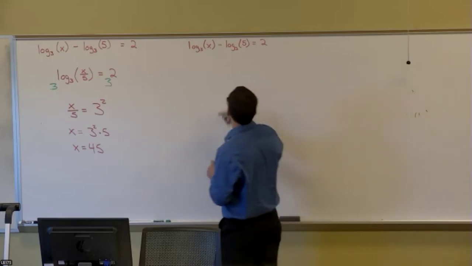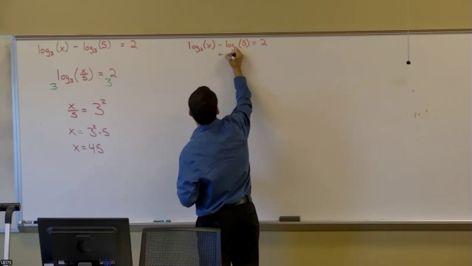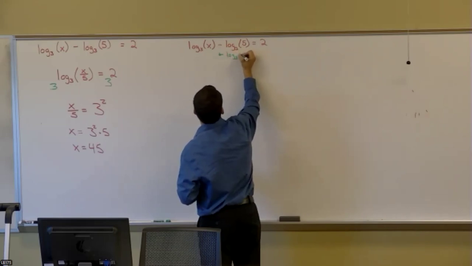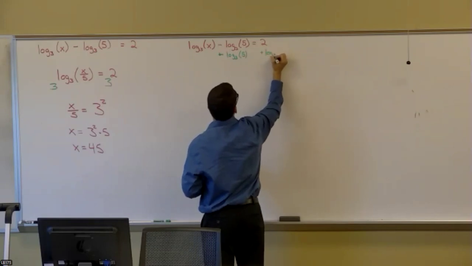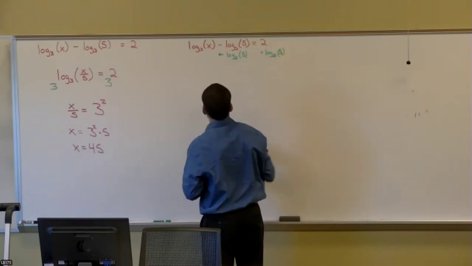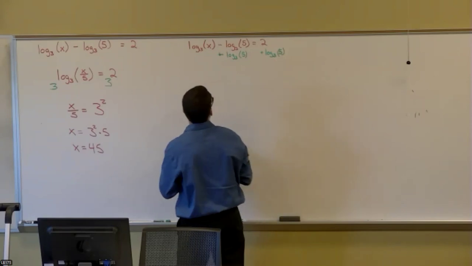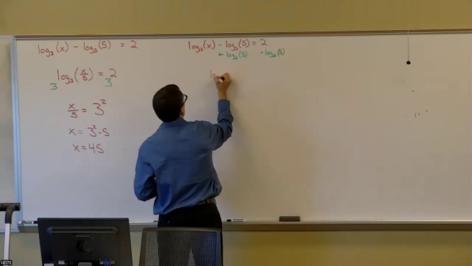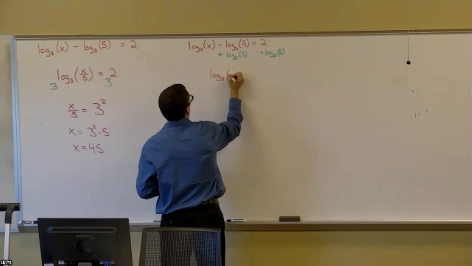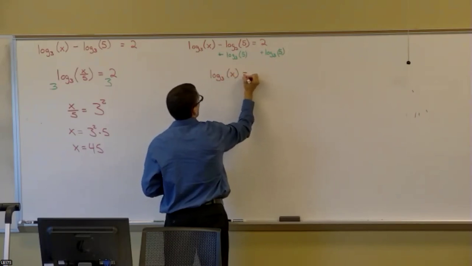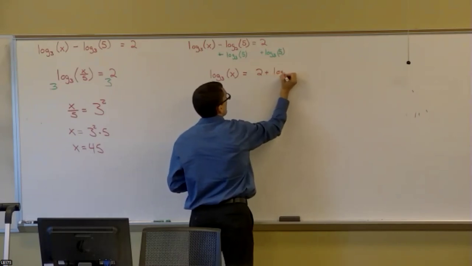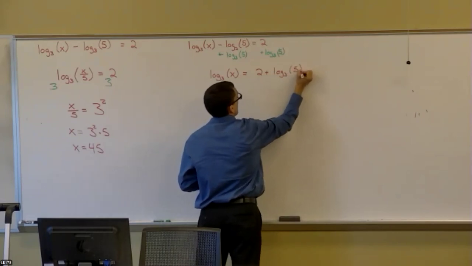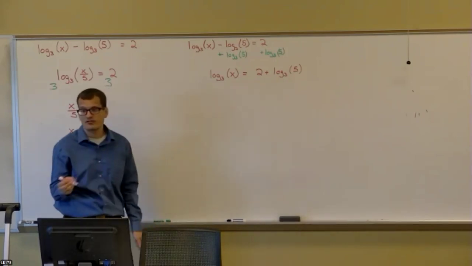So if I wanted to, I could add that real number to both sides, and end up with log base 3 of x on the left is equal to this messy looking number on the right, 2 plus log base 3 of 5.